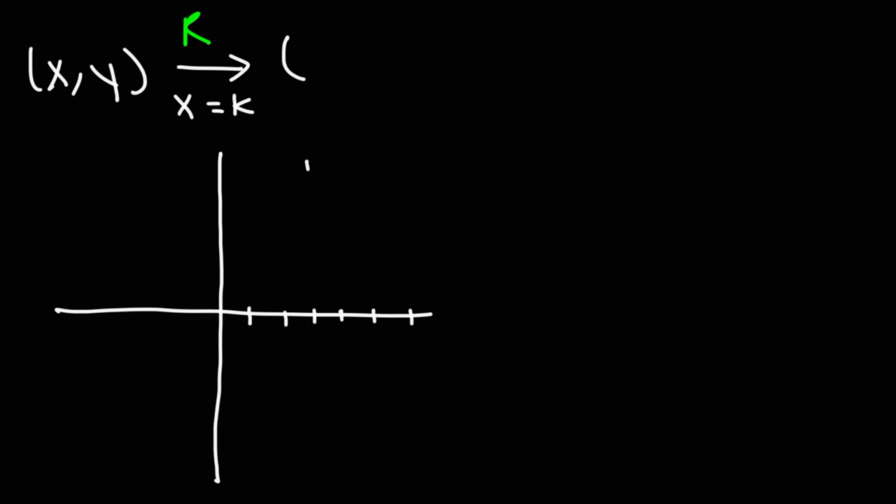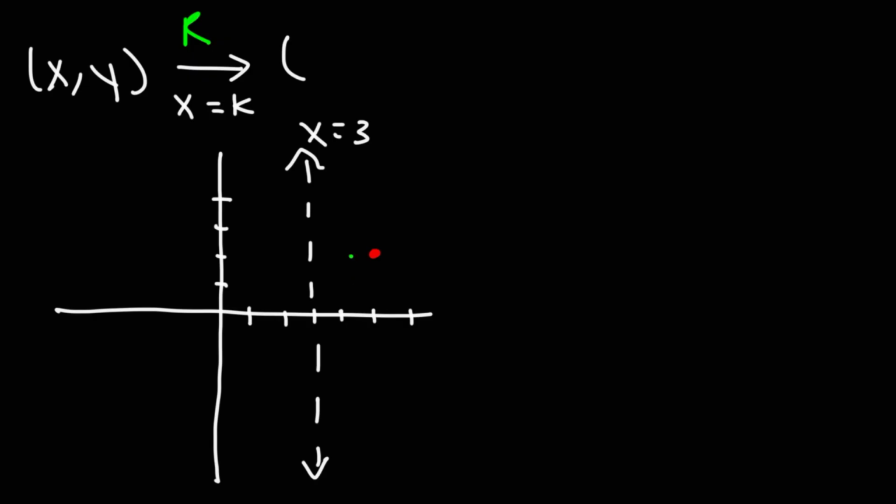Let's say we have the line x equals 3. We want to reflect a point across that line. And let's say we have the point (5, 2), which is here.